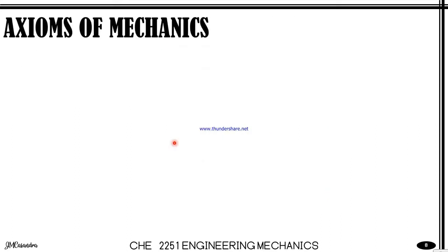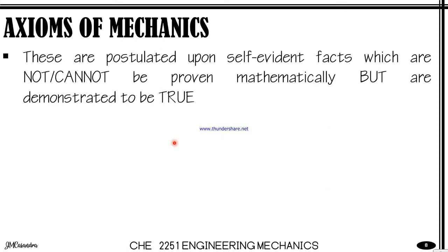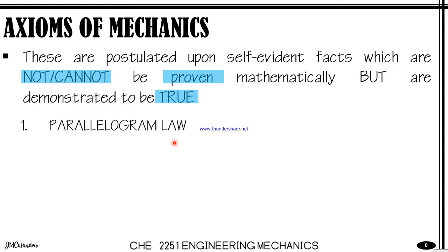Axioms of mechanics. These are postulated theorems based upon self-evident facts which are not proven mathematically but are demonstrated to be true. So it simply means they cannot be proven but they are observed to be true. So an example of your axioms for mechanics would include your parallelogram law.